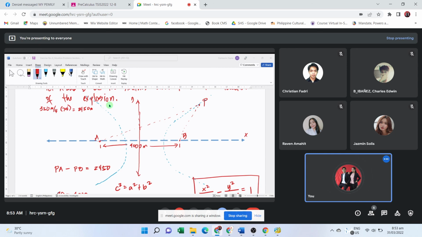In junior high school, you only studied systems of linear equations, that is finding the coordinates of the intersection between two lines with coordinates x, y. Now, we'll be looking for the possible intersection between two non-linear conics. Okay? If you have no more question, no more clarification, yes, Raven?